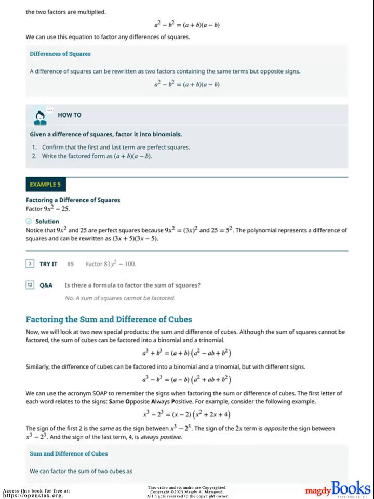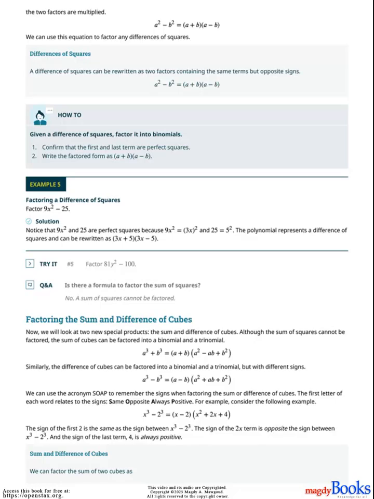The polynomial represents a difference of squares and can be rewritten as (3x plus 5) multiplied by (3x minus 5).